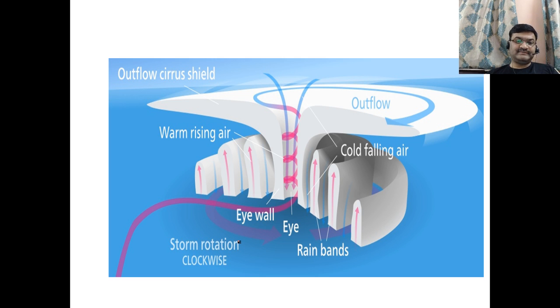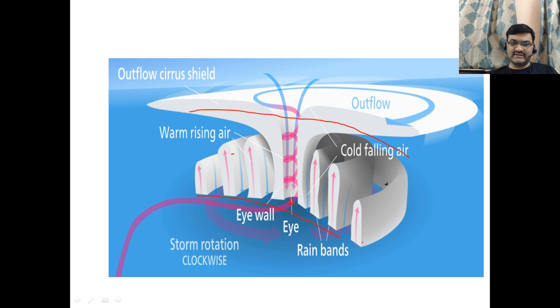Now see how it is. This is a cross section of a cyclone. Here is the low pressure, and this is the surface. Here is the upper part of the troposphere. See what is happening. There is a low pressure at the center. The wind enters into the low pressure, gets rotated along it and rises up.